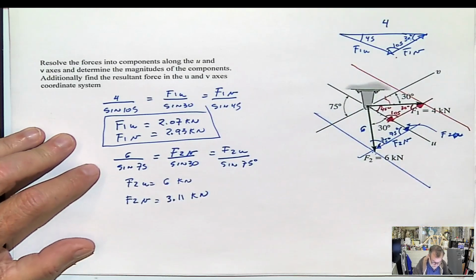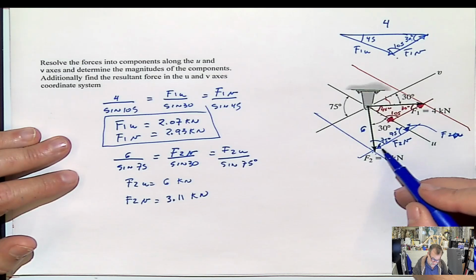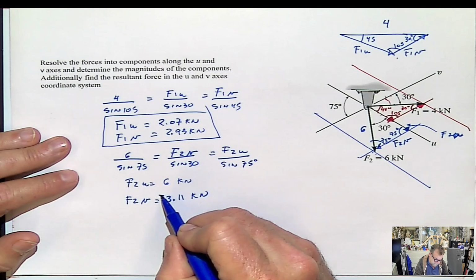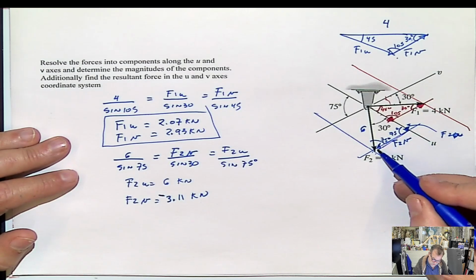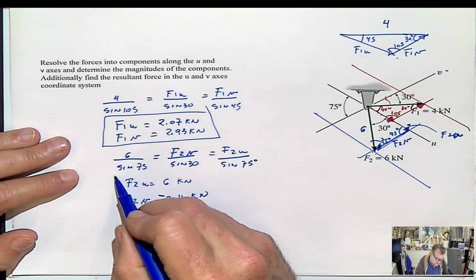Now keep in mind, very important, this one is negative because it points in this way, and this is the positive direction, so this is negative.